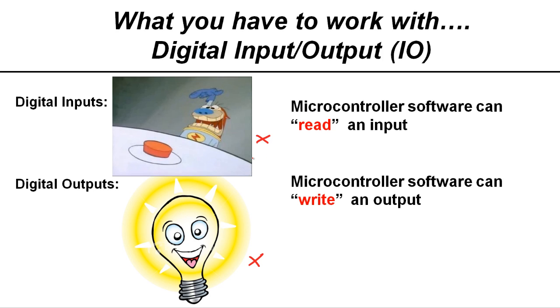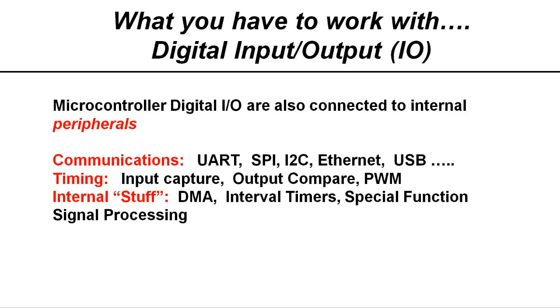But don't limit yourself to those I/O. Think of any input-output that can have two states. You could be controlling a large motor on and off, very large lighting, the sky's the limit.